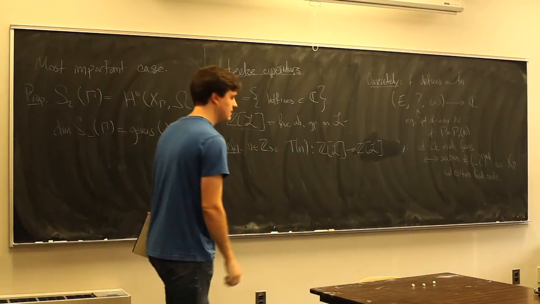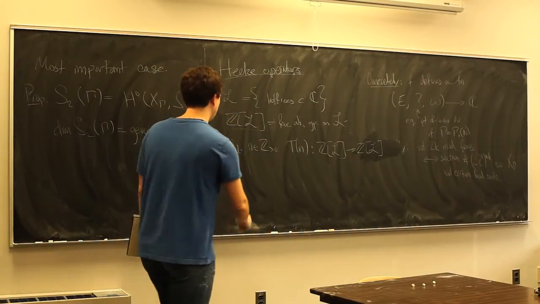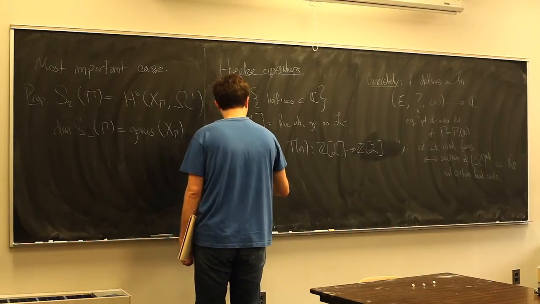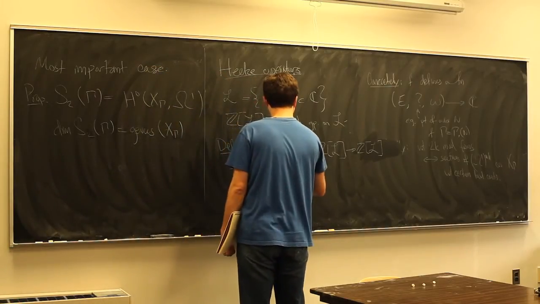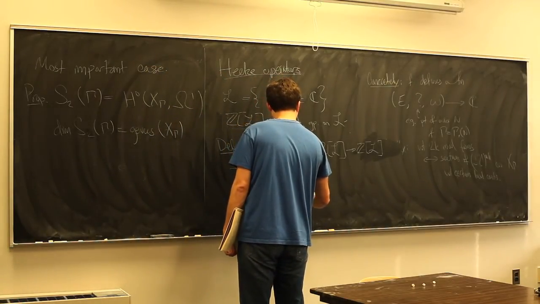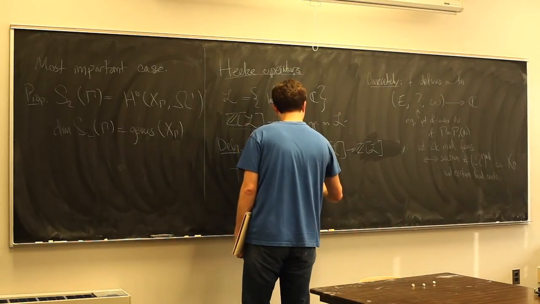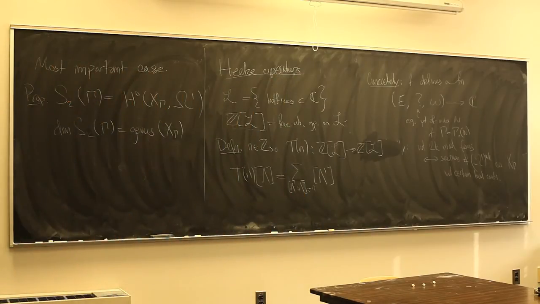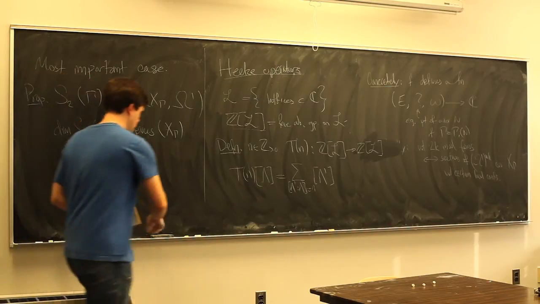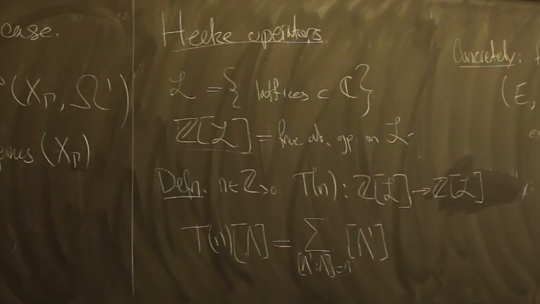It's an additive map, so I just need to say what it is on basis vectors. On a lattice lambda, and I write bracket lambda when I want to think of lambda inside this abelian group, it's defined as the sum over all index n sublattices of the lattice.